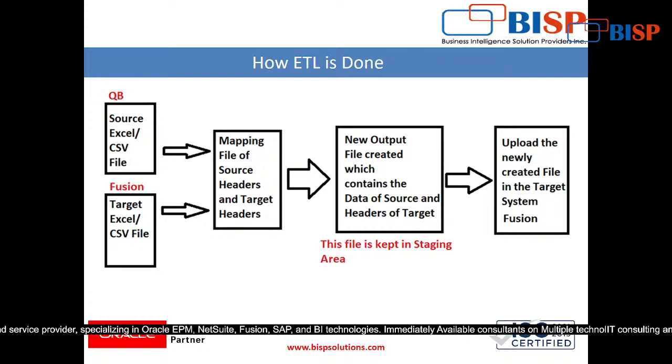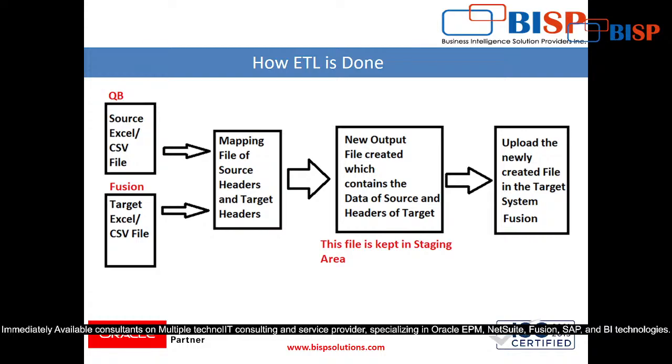Then we will have in hand all the headers of suppliers that we want in the target system. See, at the time of information gathering, or at the time of the very first meeting with the client, we will make this clear: whatever headers you are using in QB, do you want the same header names in the target system?